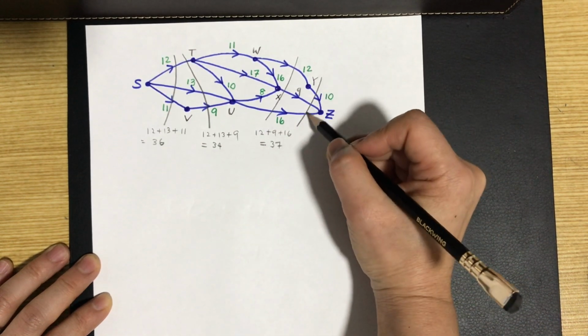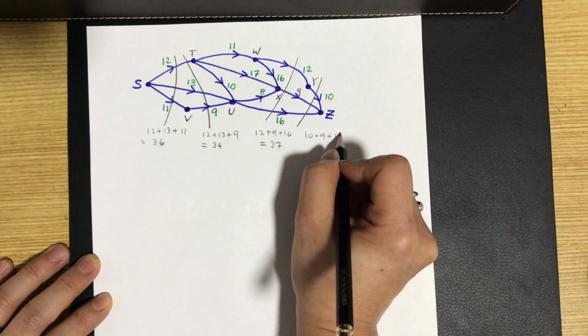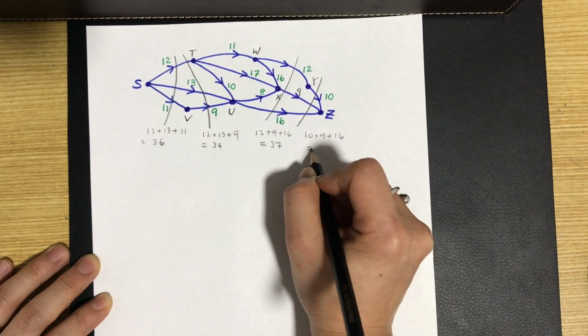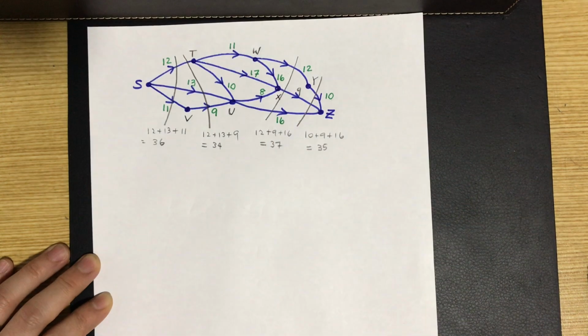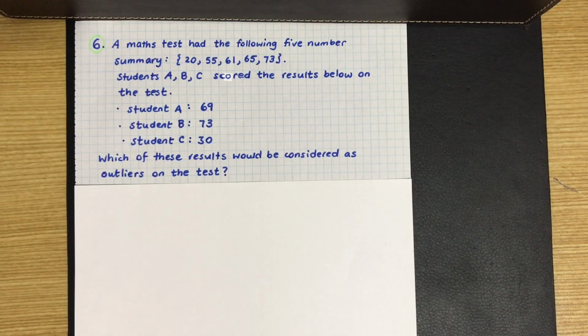Yep. And then here will be 10 plus 9 plus 16. That will be 35. So which one will be the minimum cut? 34. Okay, number 6. A maths test had the following 5 number summary: 20, 55, 61, 65, 73.